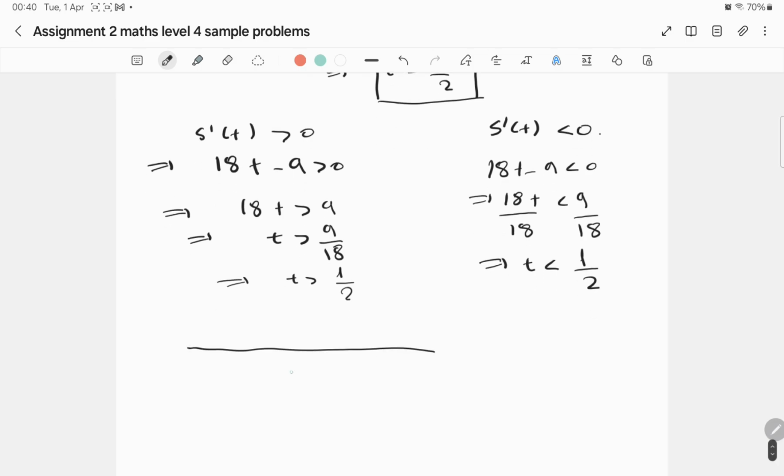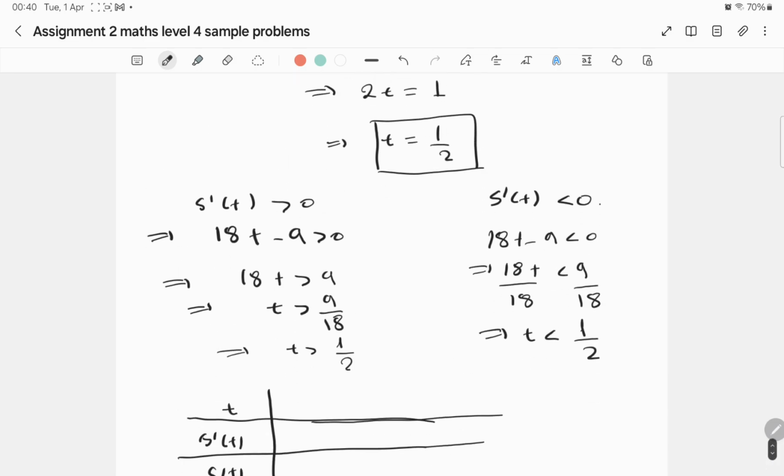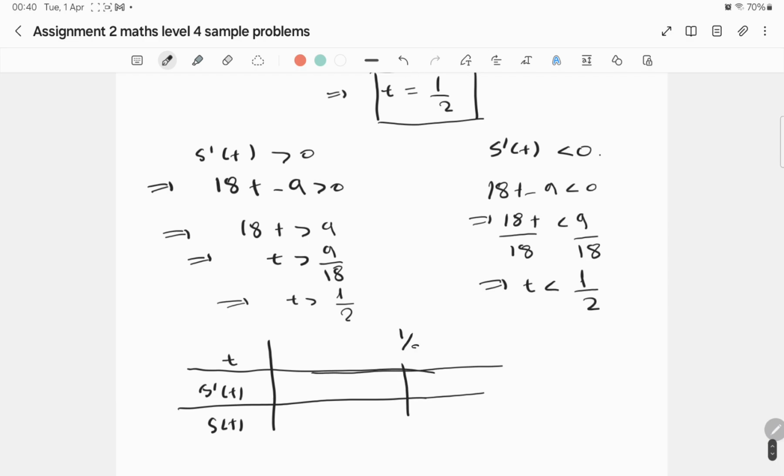So I have a table to make, s prime of t, s of t, and the values of t, and I have t equal to a half. So for t greater than a half, the derivative is positive, and for t less than a half, the derivative is negative, which means that my function here is decreasing since the derivative is negative, and here is increasing since the derivative is positive.